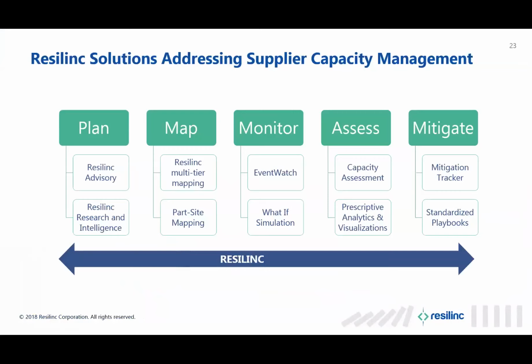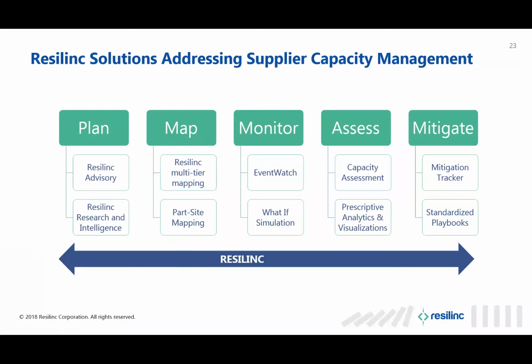We talked about the approach, as Rana was mentioning, from planning to mapping, monitoring, assessing, and mitigating. As you can see, Resilinc's full solution suite addresses all the key best practices that we just discussed, and we have a robust solution built in for analyzing supplier metrics. It starts with Resilinc intelligence, research, and advisory to plan your programs, then multi-tier mapping, from your tier 1, tier 2 to N tiers, all the way to the material level.